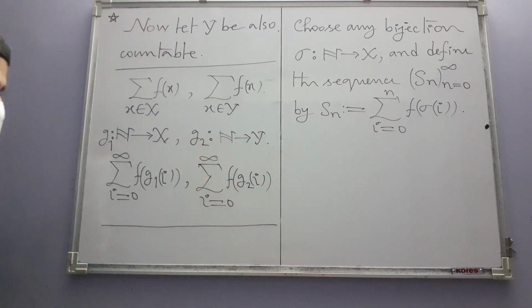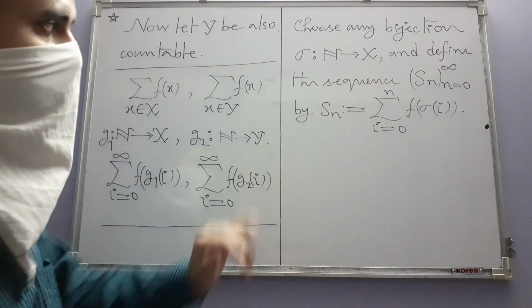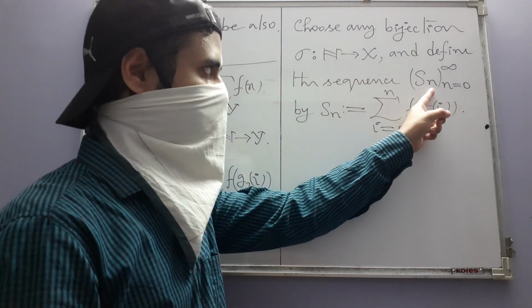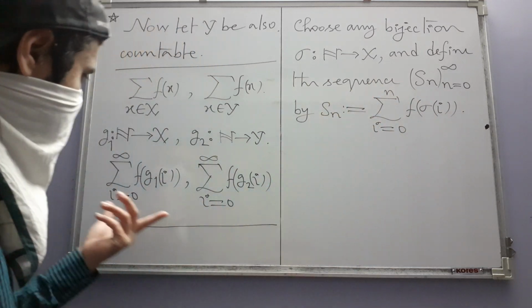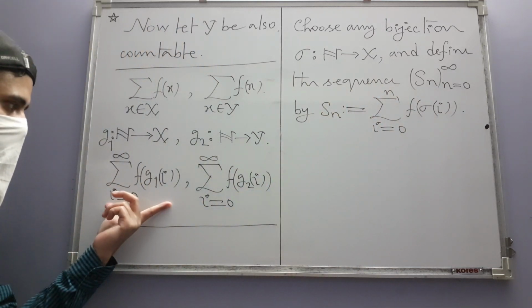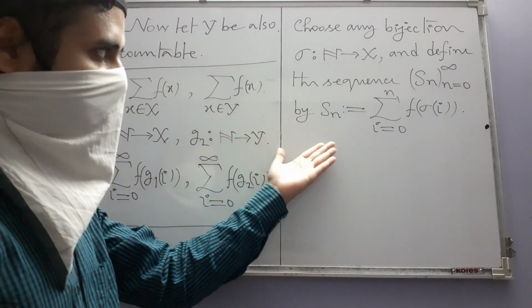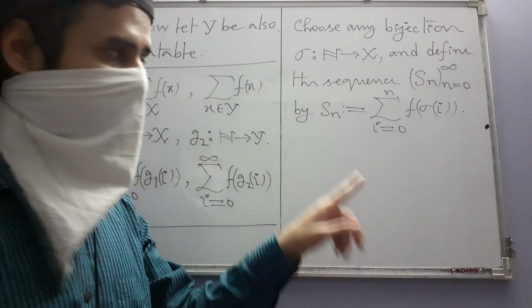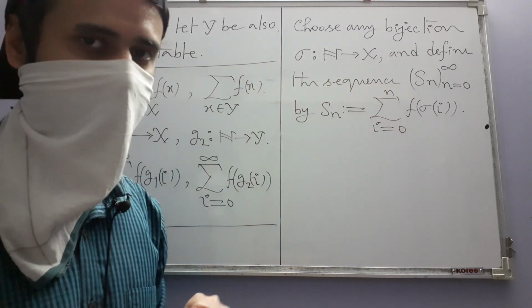So here what we have done is that in place of G1 we are just simply writing sigma, and we are considering this sequence. This is the sequence of partial sums of this series, where in place of G1 you have sigma, and we are considering this sequence because we want to know what the value of this series is, or rather this one is, where you would have infinity here.